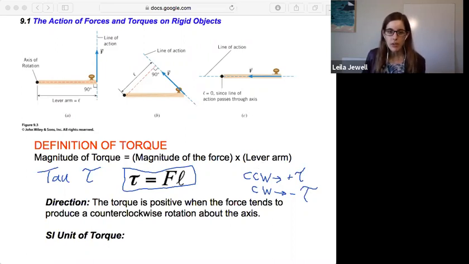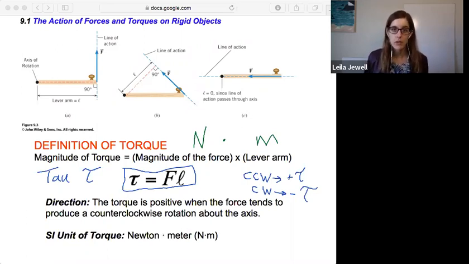Now, what about the unit of torque? Well, to figure out the unit of the torque, we can just look at what goes into the calculation. So we have force times lever arm. What is the SI unit for force? It's going to be newtons, right? And what about the unit of the lever arm? Lever arm's a distance. So what's our SI unit for distance? It's the meter. So the units of torque are just Newton meters.